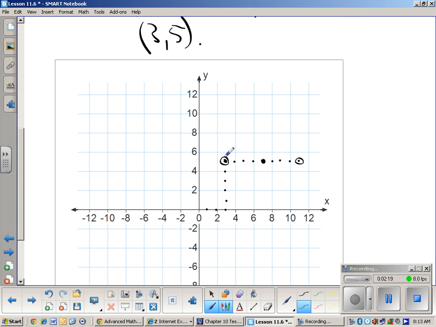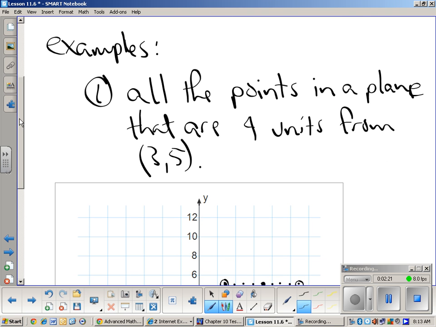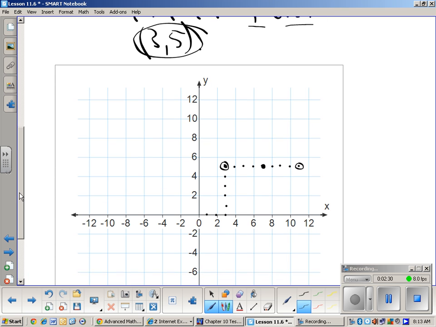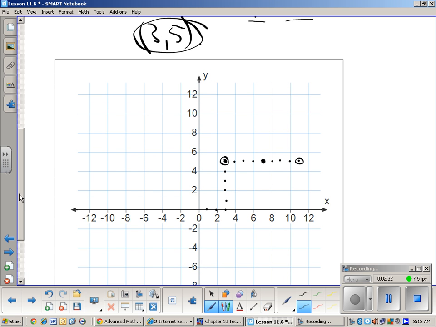No. The directions of the locus were all the points in a plane that are 4 units from this point, right? So that one didn't work, but I'm glad you said that so that we could talk about it. Go the other way, west?